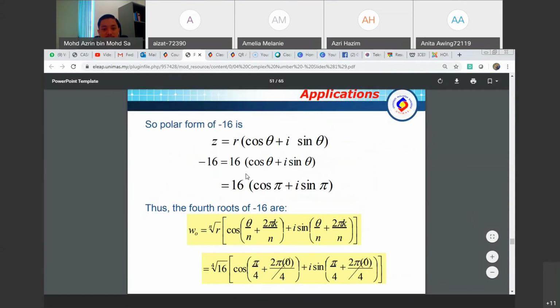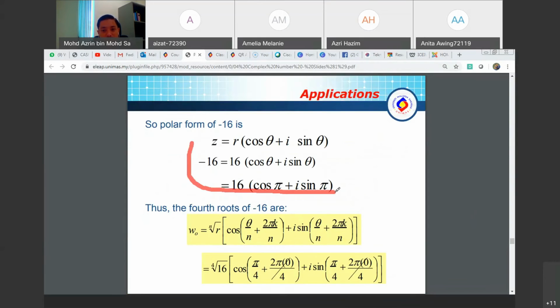Now you insert into the polar form. Let me check, I think I got it reversed. So Z is negative 16.